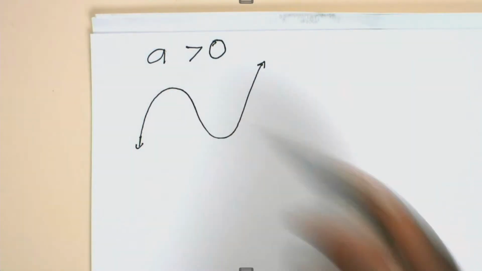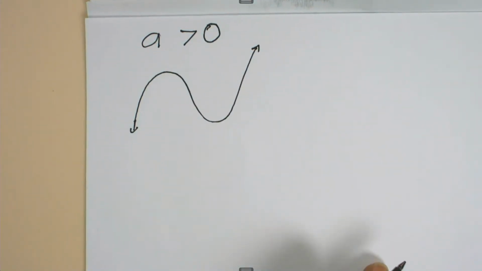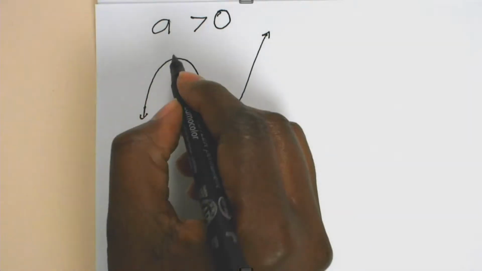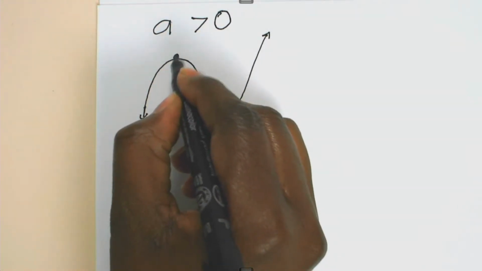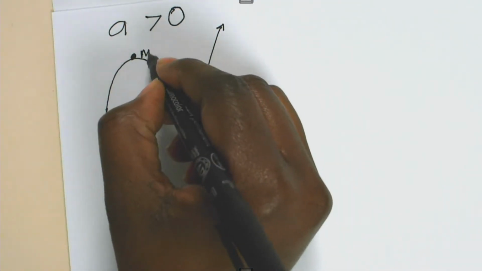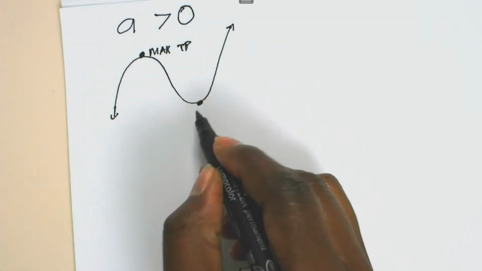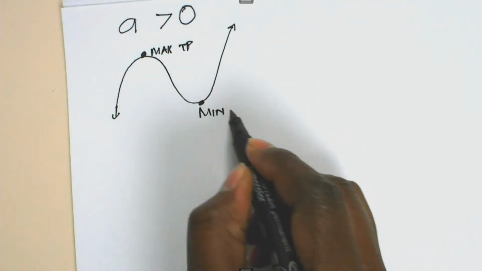That's if the value of a is greater than 0. Now we are talking about the turning points. We have the turning points here. We have the maximum, this one is a max TP, and then we have the min TP.